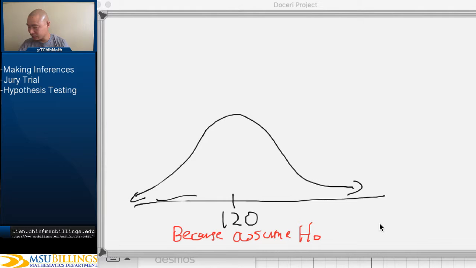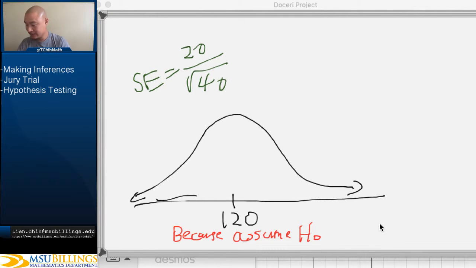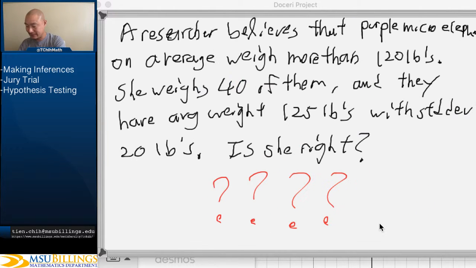And then we should also remind ourselves, of course, that the mean of this distribution is 120 because of the null hypothesis. And the standard deviation of this distribution is the standard error, which in this case is 20 over square root 40. Right? If we go all the way back to the beginning, we note that that's our n and that's our s, right?